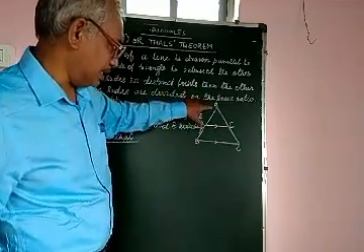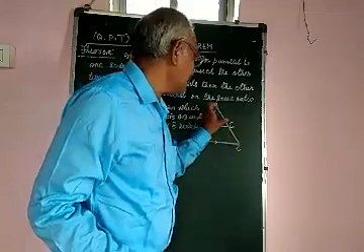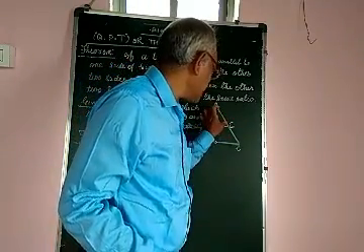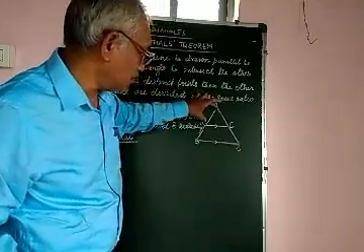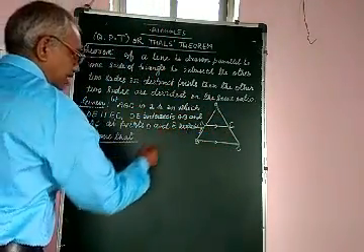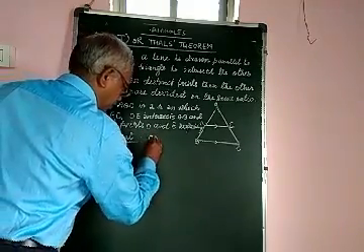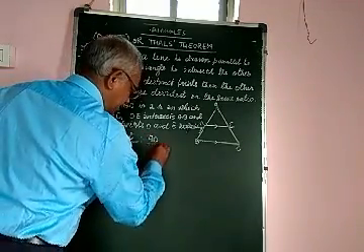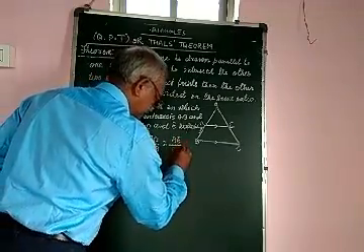D divides AB into two parts, AD and DB, and E divides AC into two parts, AE and EC. So the ratio of AD by DB is equal to the ratio of AE by EC. So to prove that AD upon DB is equal to AE upon EC.